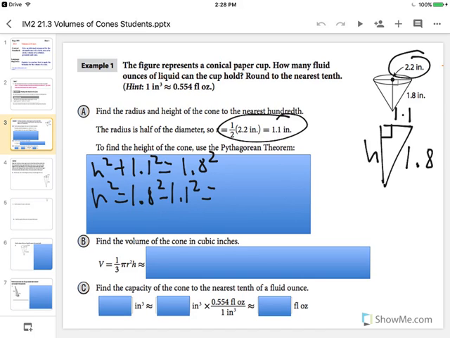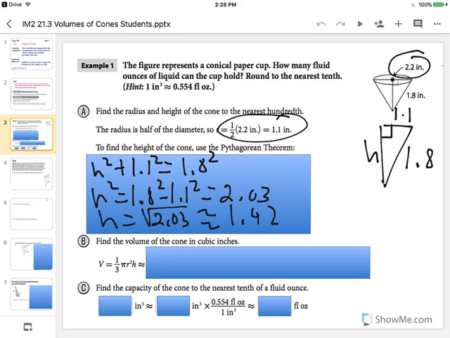Use your calculator to work this out. This is approximately 2.03, so the height equals the square root of 2.03, which we round to 1.42.